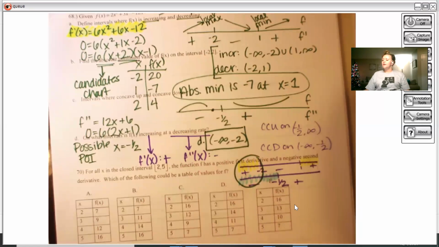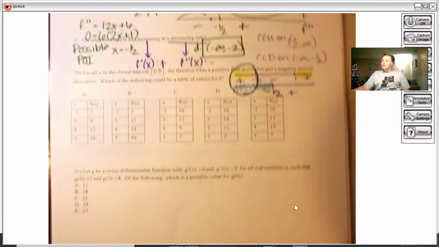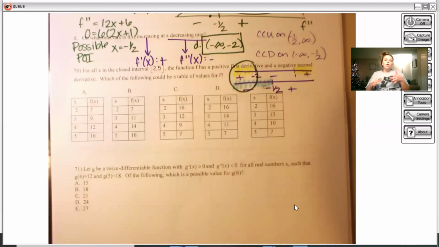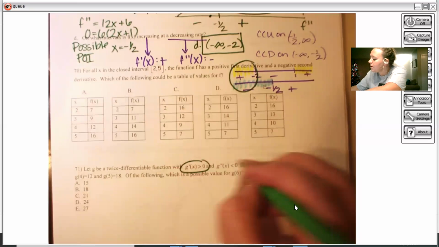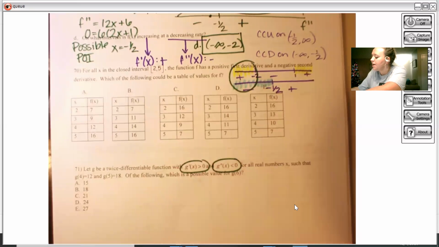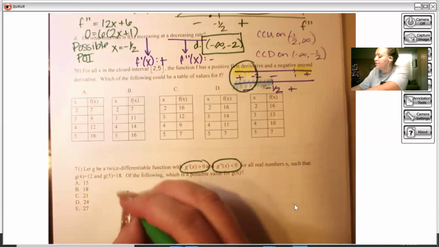All right, last one we're doing for today, go down to number 71. So 70 and 71 are very similar, different words, but mostly the same concept. It says, let G be a twice differentiable function with G prime greater than 0, G double prime less than 0, such that G of 4 is 12.